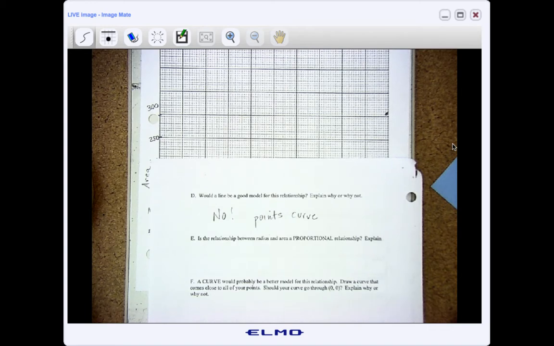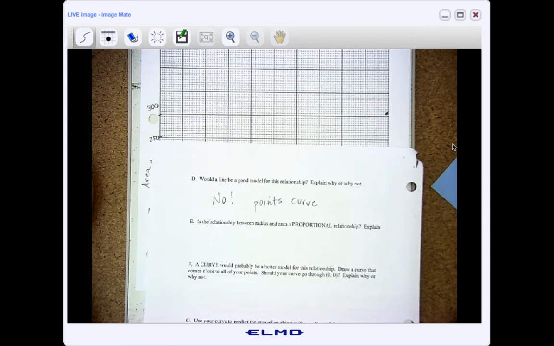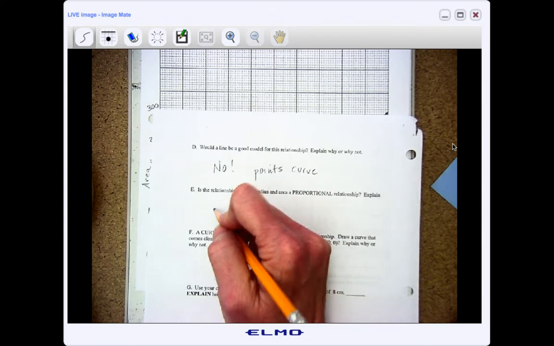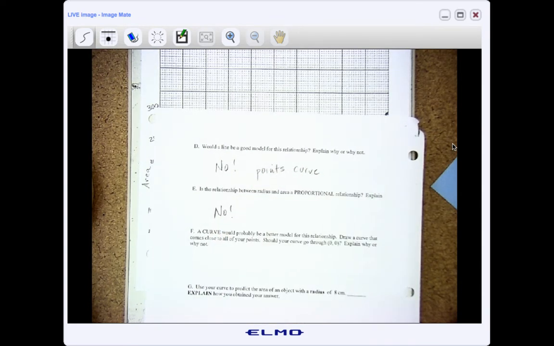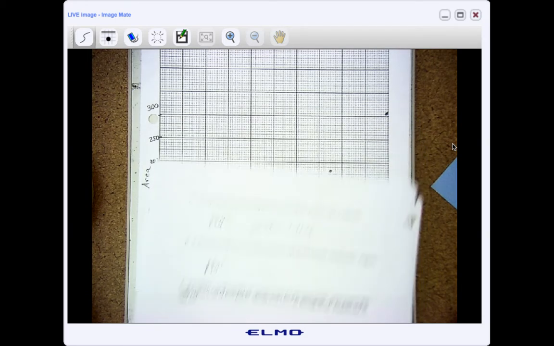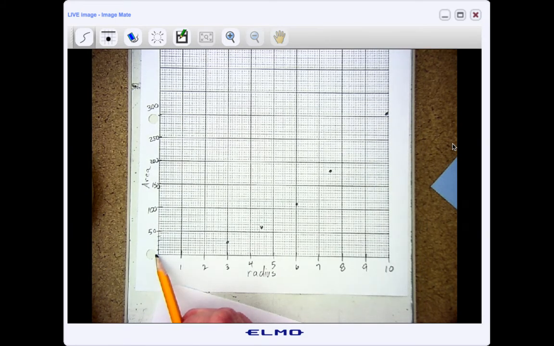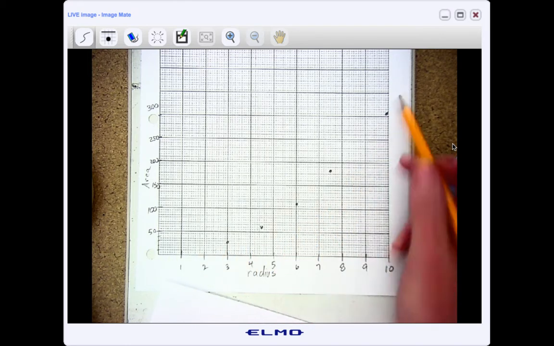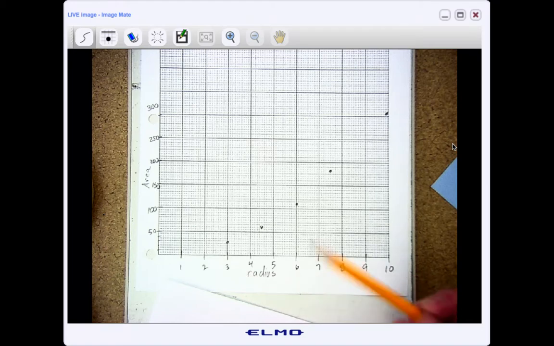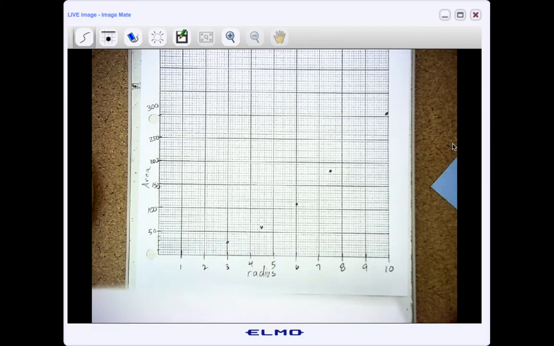Okay, is this relationship a proportional relationship? Hopefully you said no. Okay, so why? Even though it probably starts at 0, 0, if we've thought about this pattern, to be proportional, it has to start at 0, 0 and make a linear pattern.